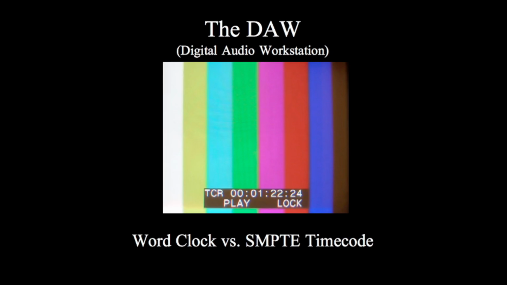There are all sorts of ways that you can adjust for this. For instance, you can have your camera be slaved to the word clock on an audio device, or you can record audio in smaller fragments so that the drift doesn't really become apparent.